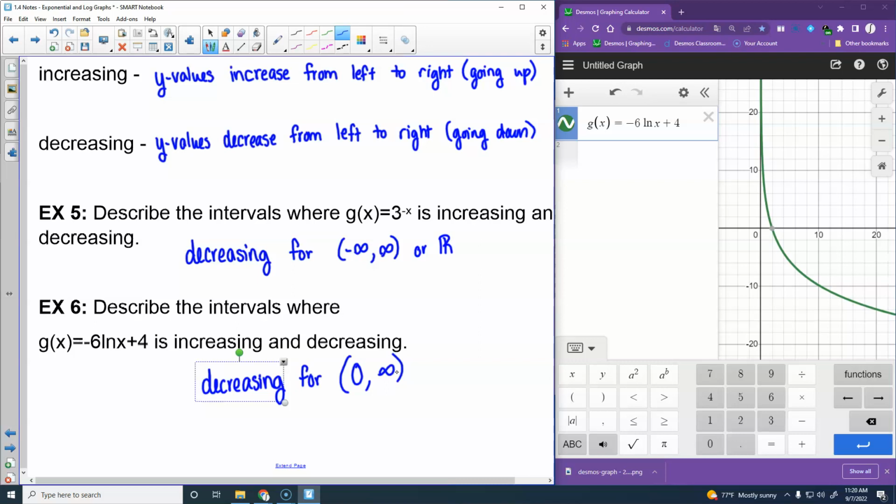We see that this is decreasing. Or we could say 0, actually, you can't. I was about to write this. Don't do that. Don't put infinities in inequalities. How would I write that with an inequality? X is greater than 0.